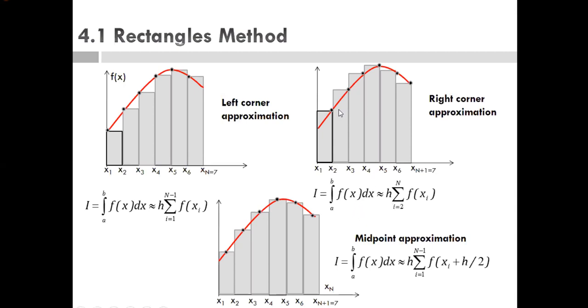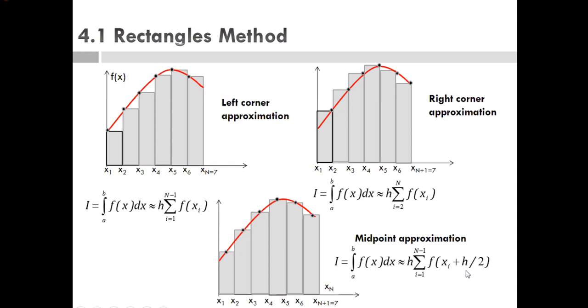Okay, the right corner takes the left corner one, so it goes from x2 till xn. This is right. And you could have gone from 2 till n if it's xi minus h over 2. It's the same thing. It will be the same expression.